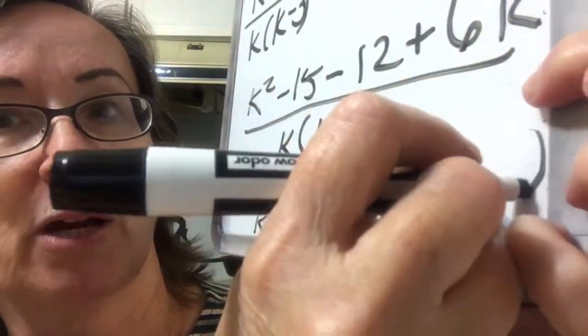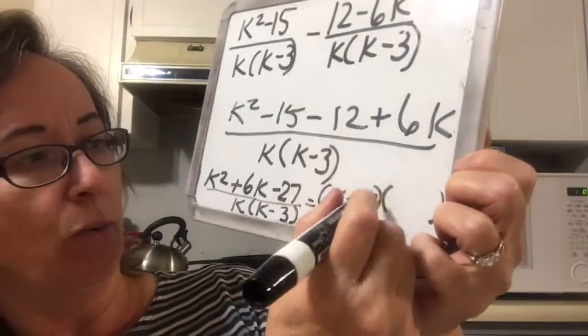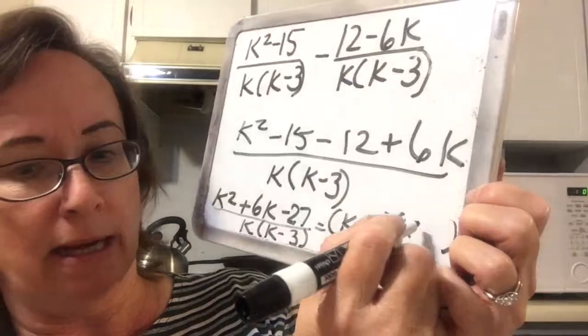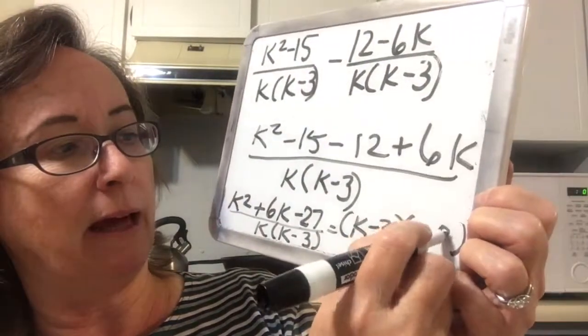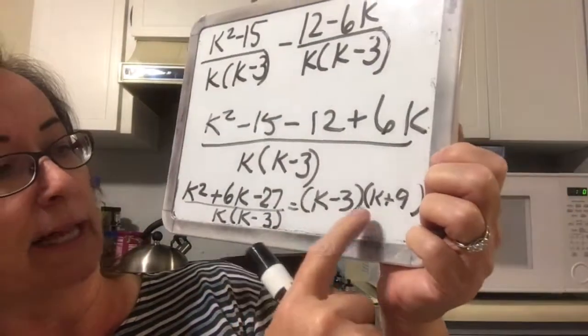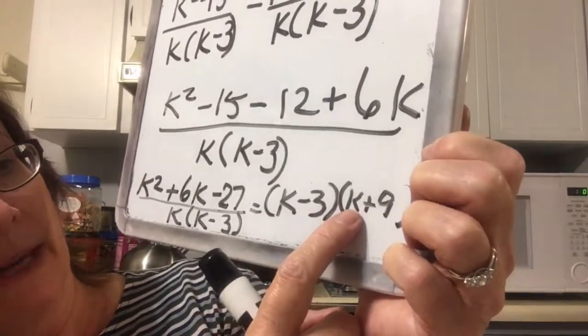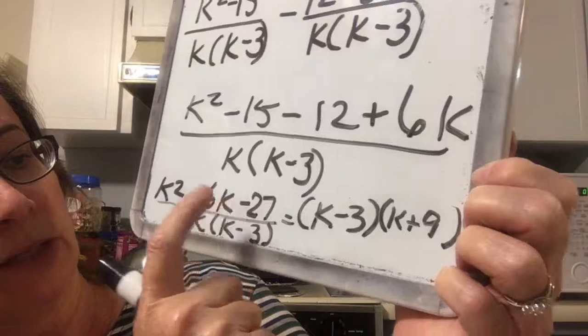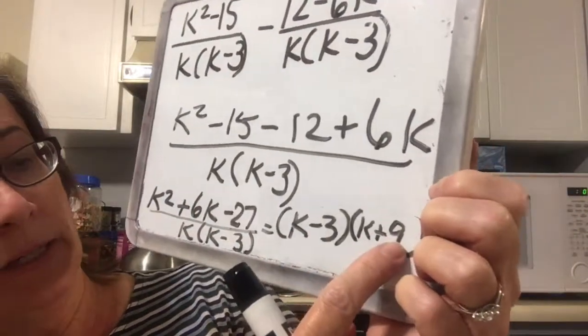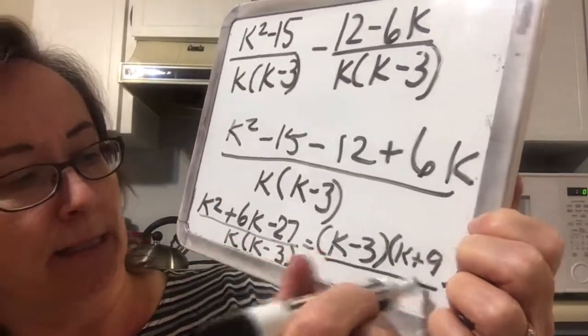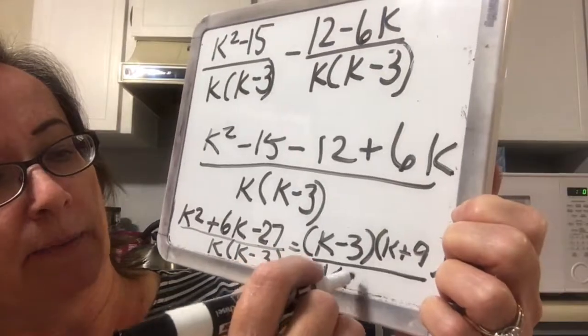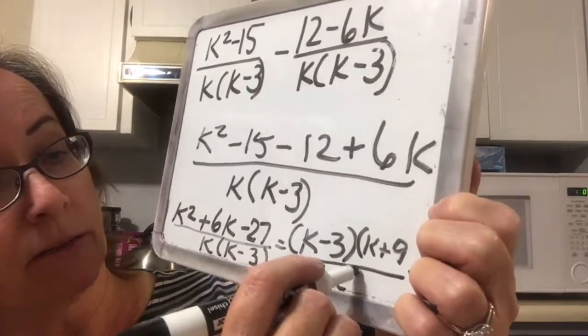I'm going to suppose that maybe it is, which would mean that k plus 9 would be the other factor. So I'm going to FOIL that together, and I get k squared minus 3k plus 9k, so I do get the 6k minus 27, so that is correct, all over k times (k minus 3).